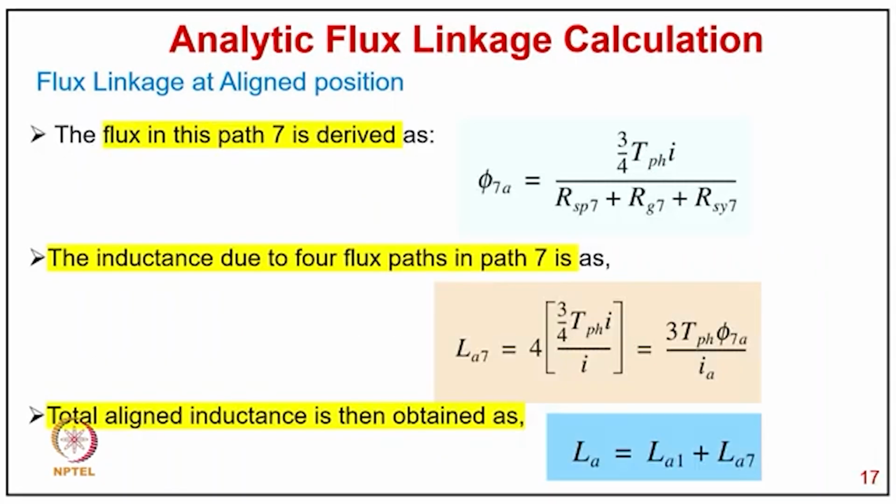Then the flux is derived as phi 7A equal to 3 by 4 TPH into I divided by RSP7 plus RG7 plus RSY7, and the inductance due to the flux in path 7 is LA7 equal to 4 in bracket 3 by 4 TPH I divided by I, or equal to 3 TPH phi 7A divided by IA, and the total aligned inductance is calculated as LA equal to LA1 plus LA7.